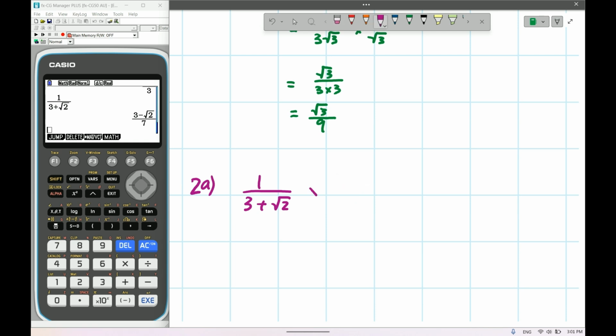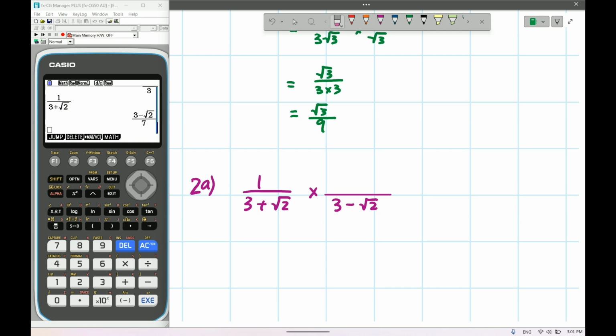Similarly to before, you want to multiply this by something, but when there's a plus or a minus there, it has to be its conjugate. And what we mean by its conjugate is that it has to be the same thing, 3 plus root 2, but whatever operation is on the square root number, it has to be the opposite.